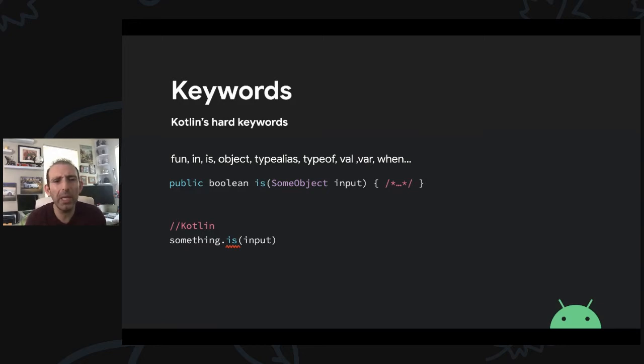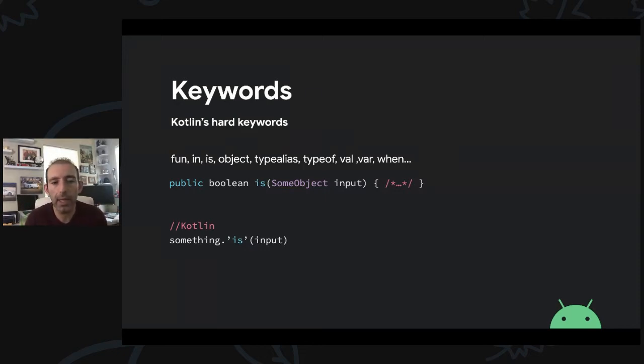Because you can be the author of a library which has been widely adopted and used, you may not want to break all your existing users and introduce a new function name. So in that case, if you really need to stick with your function name, Kotlin users can still call this function by using backticks.